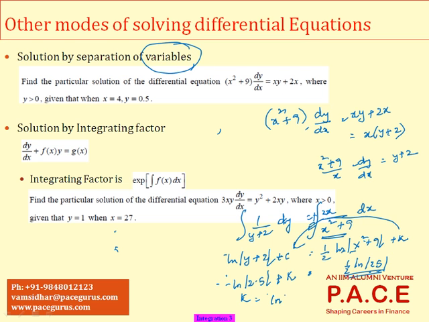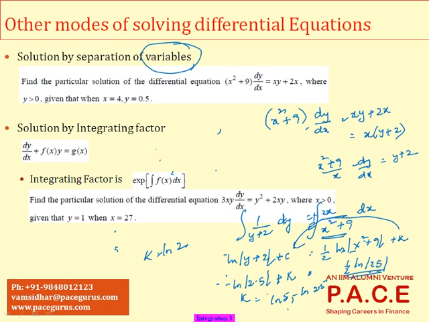So log 5 minus log 2.5. Now again you know log a minus log b is log a by b. So log 5 by 2.5 and k becomes log 2. Now you can write your expression very well. So k is coming out as log 2 directly.